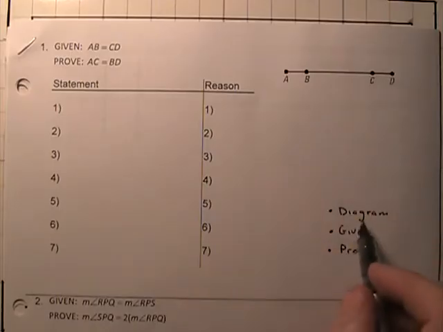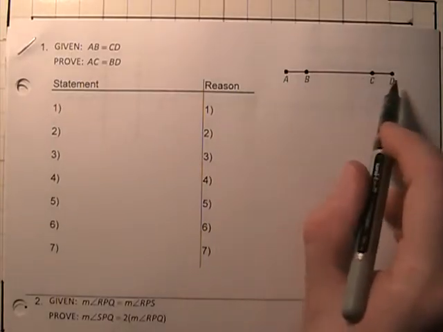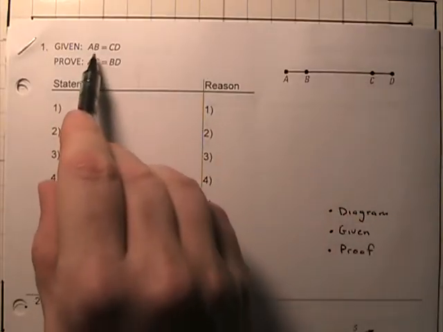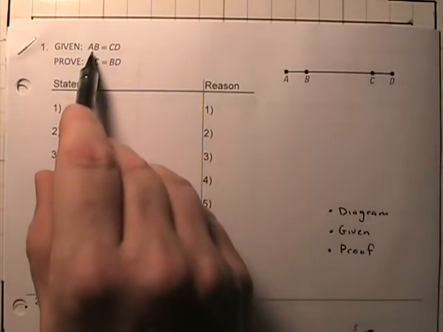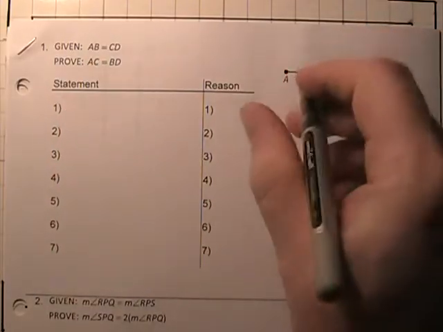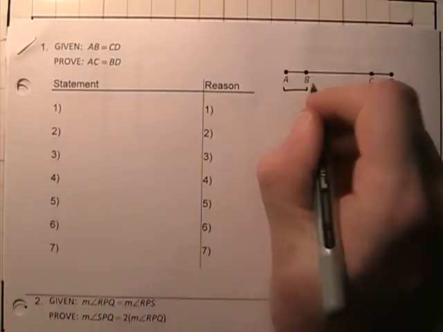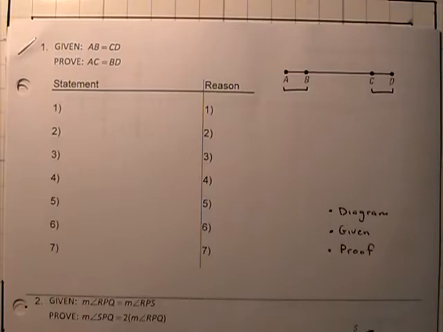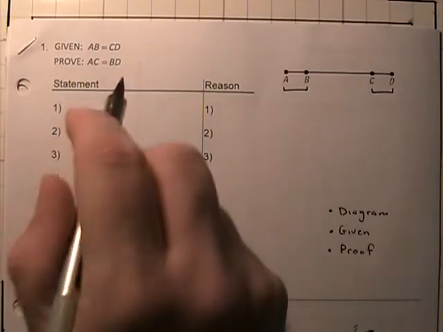Okay, so let's go ahead and do that. I'm looking at the diagram here. It looks like I've got just a straight segment with a few points on it. The given information, so I'm going to look at the given, says that length AB is equal to length CD. These two are the same. Alright, so that's interesting.